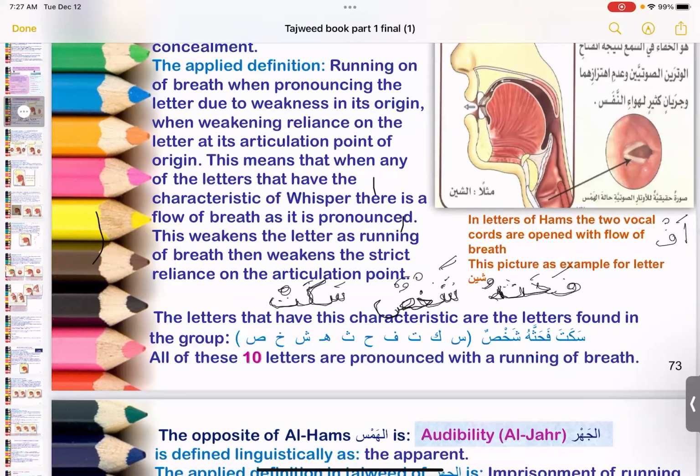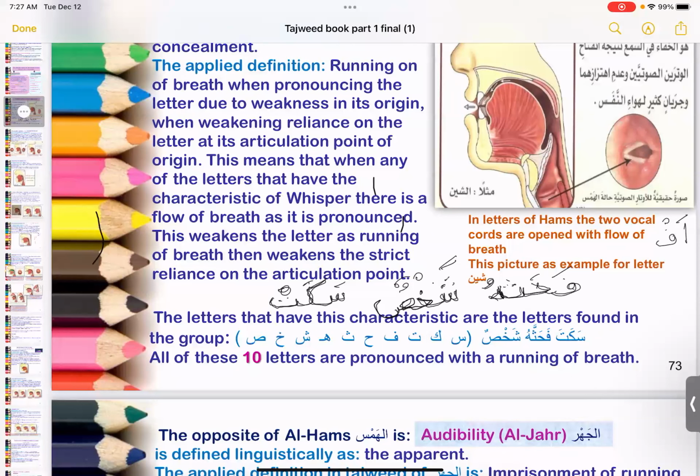I'm just bringing my teeth down and close to the belly of my lower lip, and I'm saying the sound of f. But look at another. Let's look at the opposite of fa, a letter from the letters of jahar, like the letter qaf. What's happening in qaf?